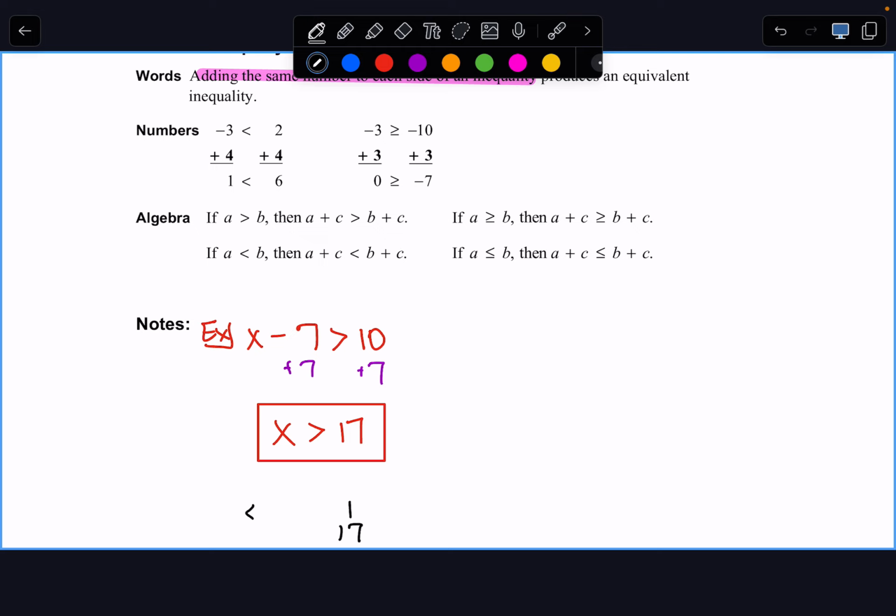Okay, since we don't have that line, since it's not equal to, we have an open circle. And are we going to go to the right or the left? Right. We need to go to the right because we want numbers greater than 17. Okay.